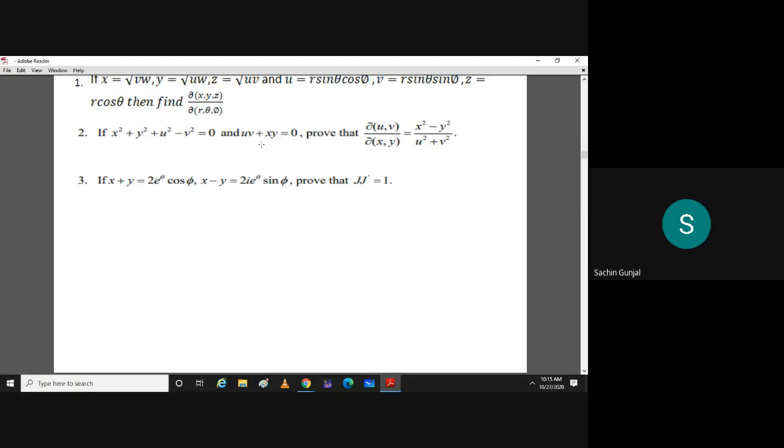Are you getting my point? Yes, sir. So you can use this rule. That means these u and v are implicit functions. And what are relations f1, f2?